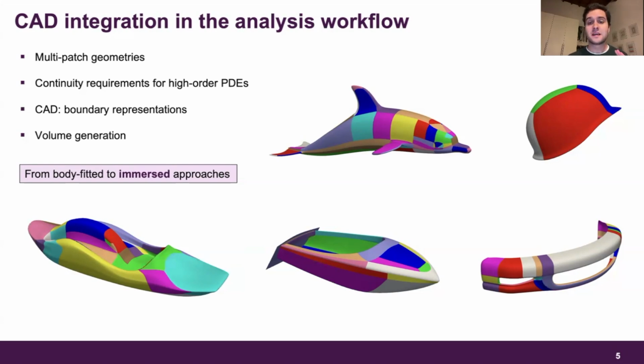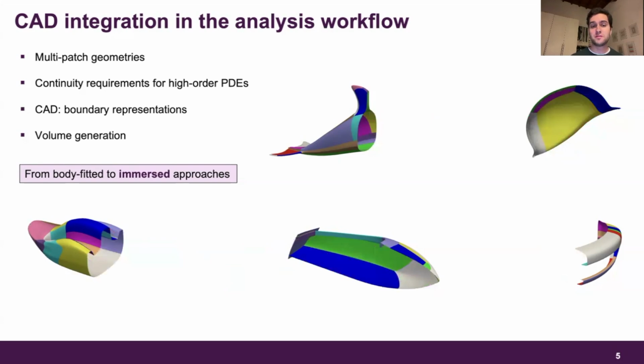And besides, CAD representations come in the form of boundary representations. So we also need to take care of volume generation and so on. For this reason, we are motivated to go from a body fitted approach to an immersed approach.